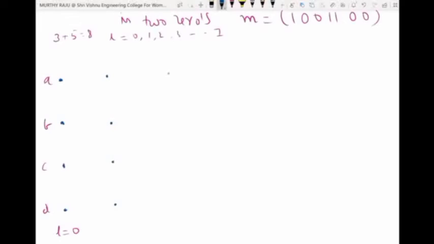Here, L is equal to 2. L is equal to 3. L is equal to 4.